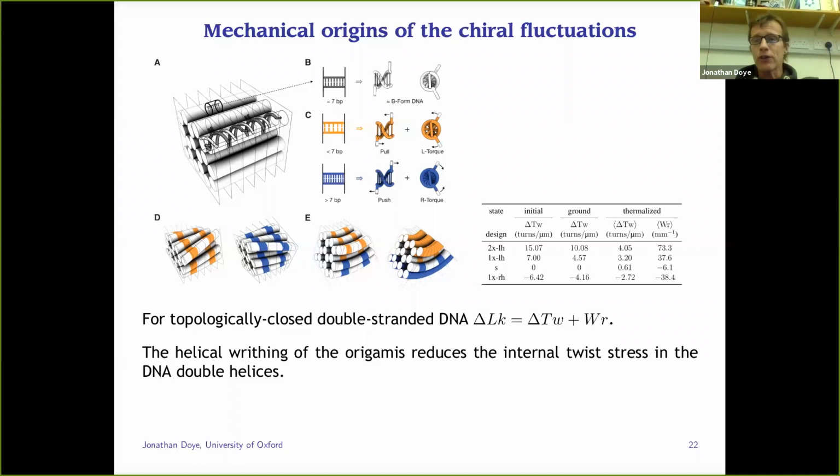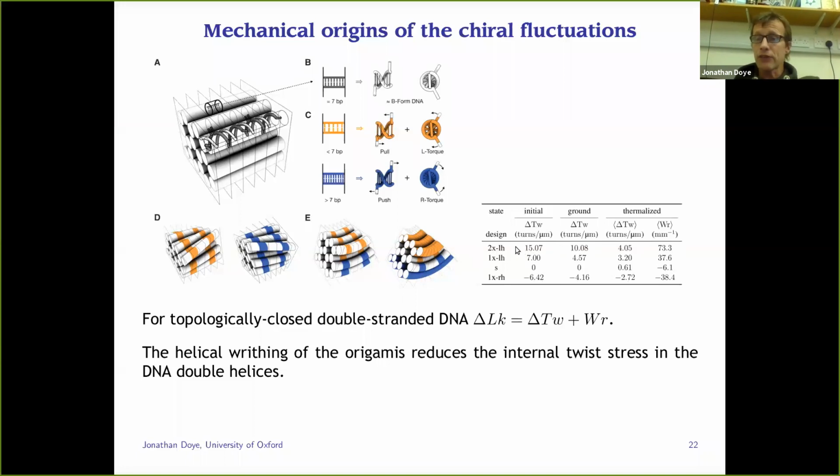It's a little confusing because you've got the twist of the duplexes in the origami, the twist of the origami, and the handedness of the writhe fluctuations. Writhing is just another word for the shape fluctuations and whether they have a chirality to them. In this table, what we're seeing is the writhe fluctuations are the same sign as the internal stresses in the individual duplexes.